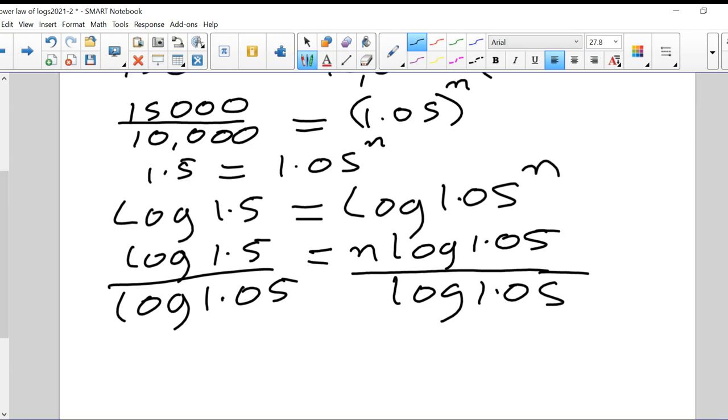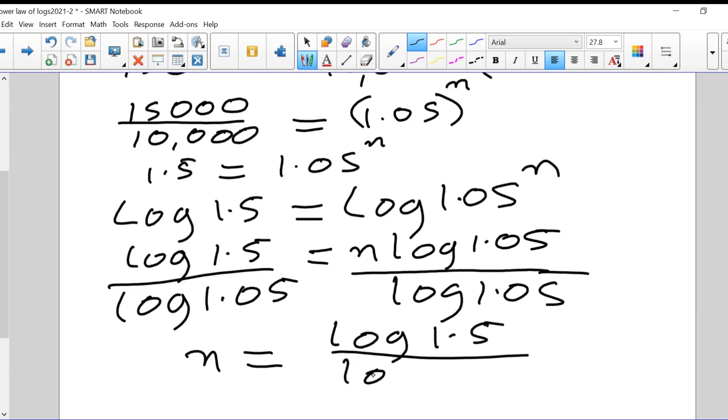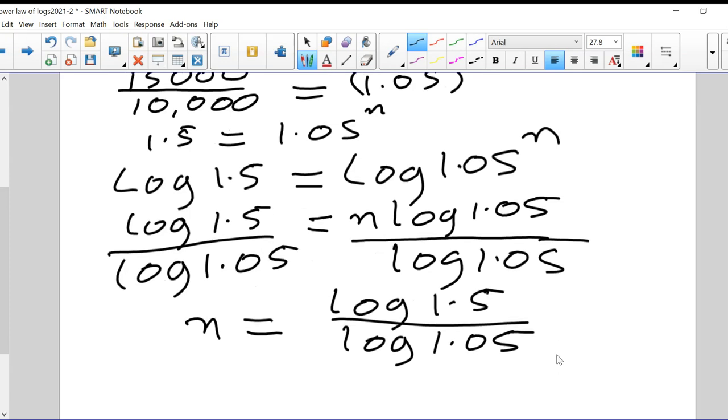All right, so that would mean I would end up with just n on this side. So n is equal to the log of 1.5 divided by the log of 1.05. Okay, and then solve for n. All right, that seems like a pretty good strategy.